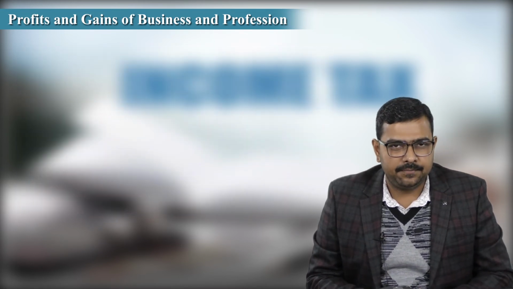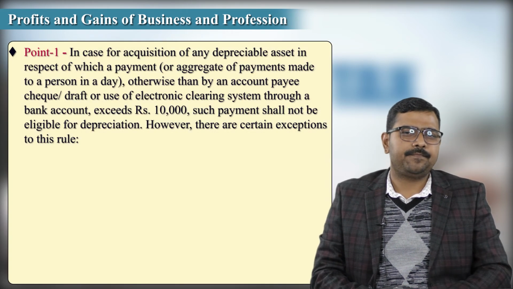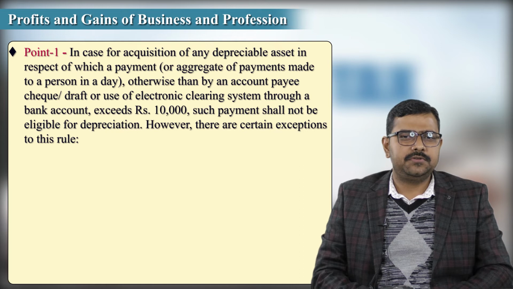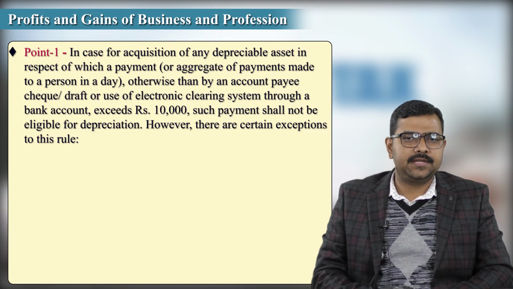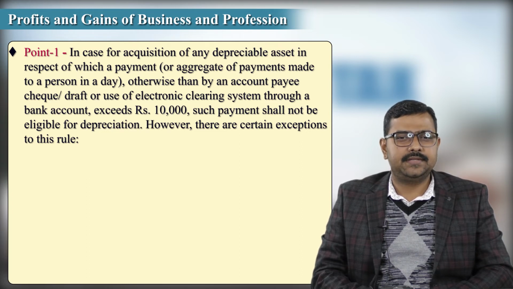Now some other important points which are related to depreciation. Point number 1. In case of acquisition of any depreciable asset in respect of which a payment or aggregate of payments made to a person in a day otherwise than by an account payee cheque, account payee demand draft, or use of electronic clearing system through a bank account exceeds rupees 10,000, such payment shall not be eligible for depreciation.